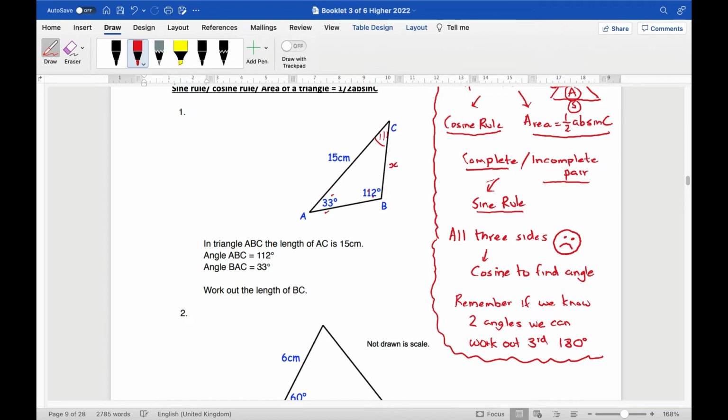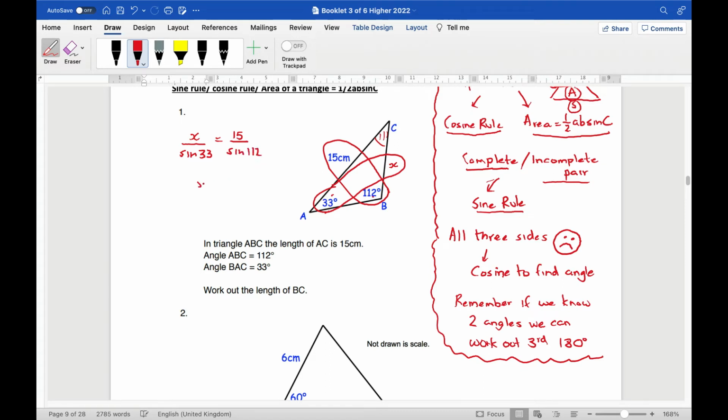I don't know a triplet, but what I do have is 1 complete pair and 1 incomplete pair. So it's the sine rule, but to find this side. So the side goes first over sine 33 equals, and then the other side, the complete pair, which is 15 over sine 112.